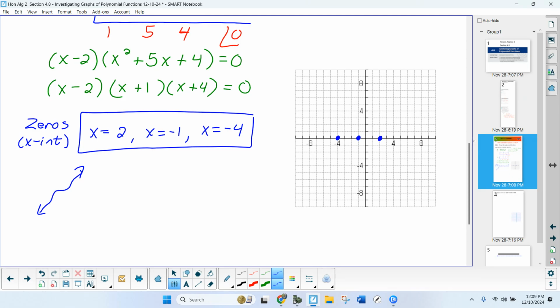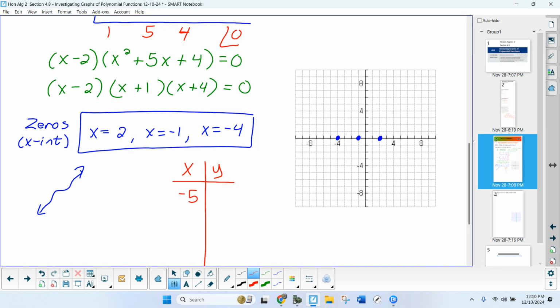All right. Well, here's what I want you to do now from this point forward. You're going to make a very small table of values. And you're going to pick one number to the left, one between, and one to the right. So what's a number to the left of -4? Everybody. -5.